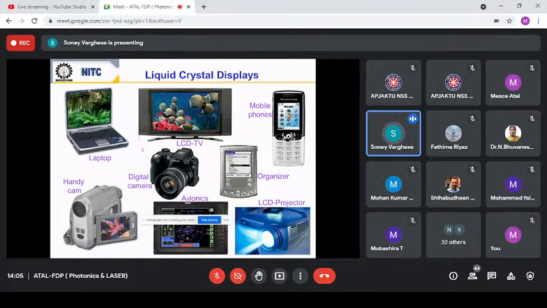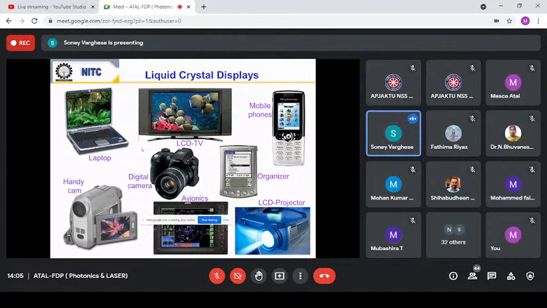A lot of history is there for this type of display devices. There's a huge market for this type of display devices. If you go to consumer electronics, you can see that most of these are very fancy items, which are very useful nowadays.